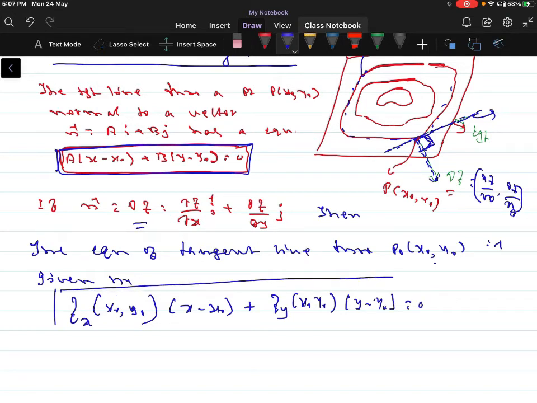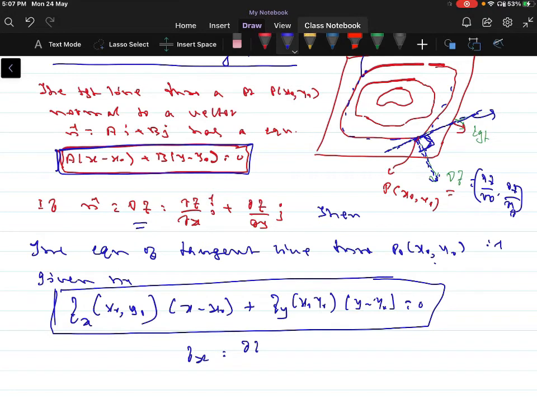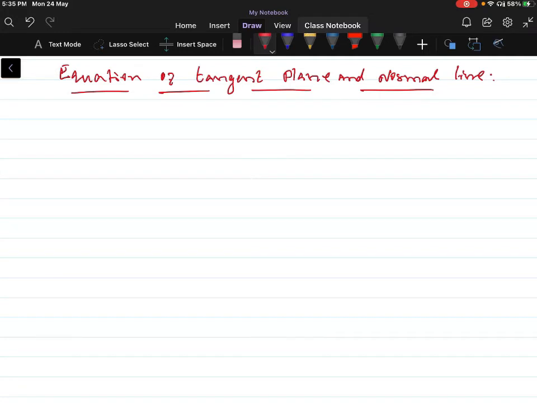This is the equation of the tangent line, where fx is equal to ∂f/∂x at the point (x0, y0) and fy is equal to ∂f/∂y at the point (x0, y0). We define the equation of the tangent plane in a similar way to the equation of the tangent line, where the tangent line is perpendicular to the normal, the gradient, at the point P0.